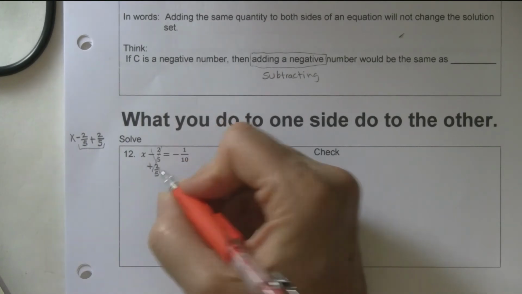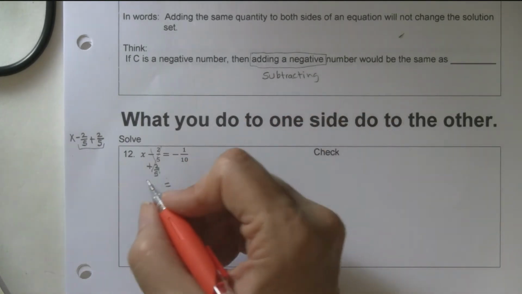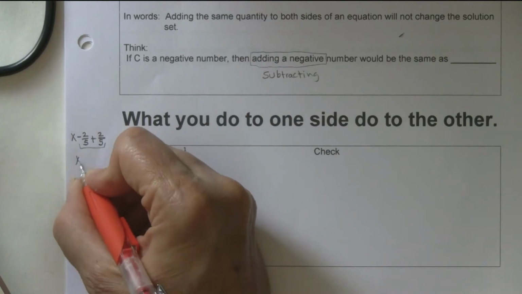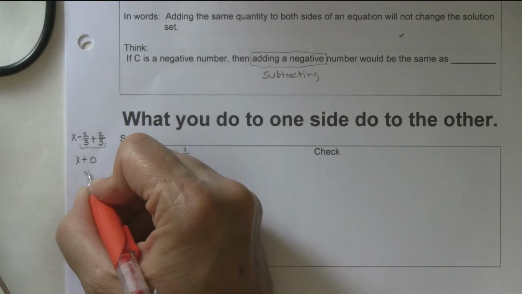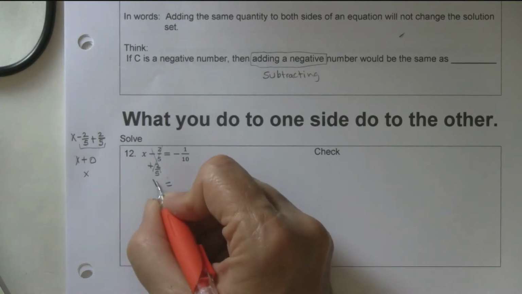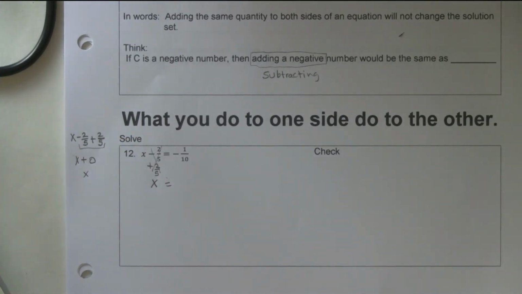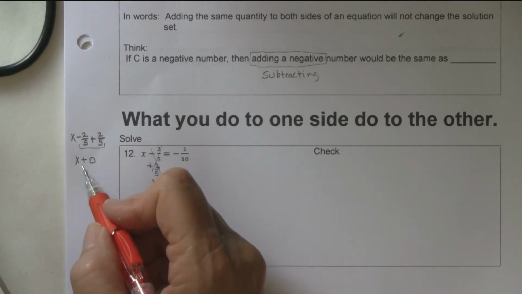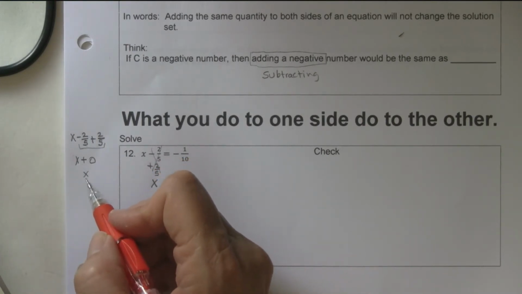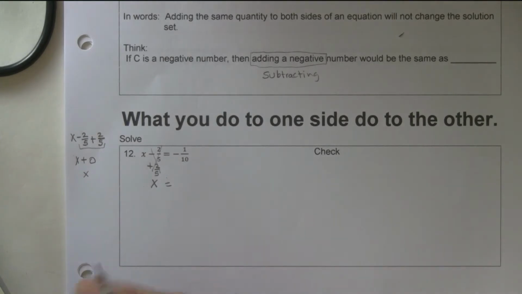That's going away, right? It's making 0. So on that side, it's really X plus 0, and if you have X plus 0, you just have X. So this side is just X. It's okay to write it in a line, it's okay to write the intermediate step, but when you do the math, you're going to get that. Now, some people will say, well, that's it. That's all you have to do. You got it.